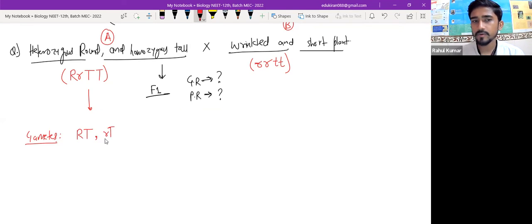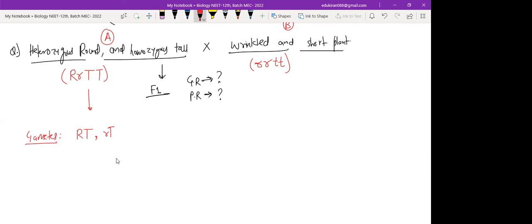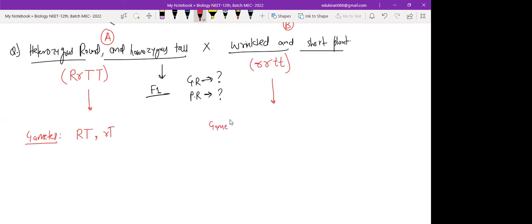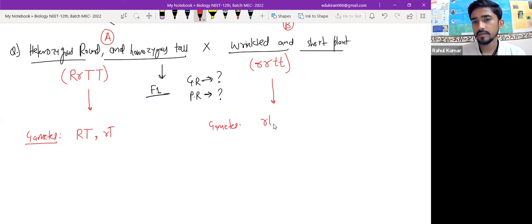Are there other gametes possible? No, right? For parent B, how many gametes are possible? Small r, small t, and that's it.